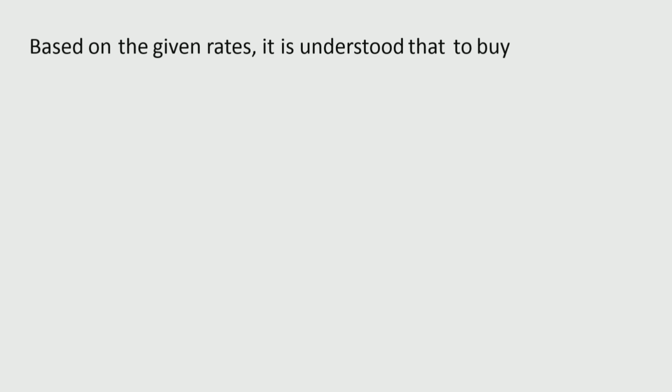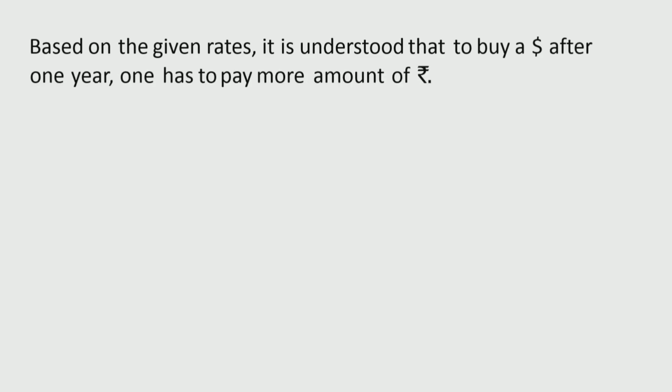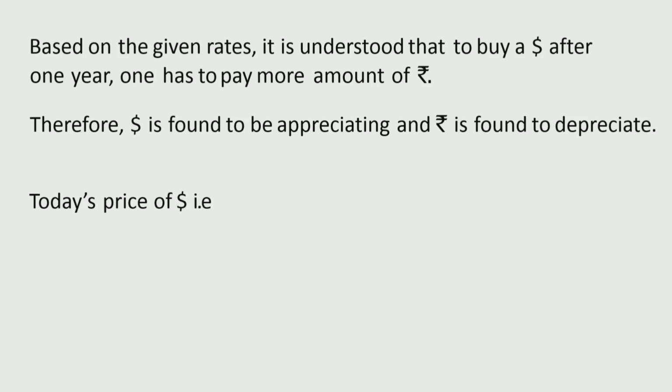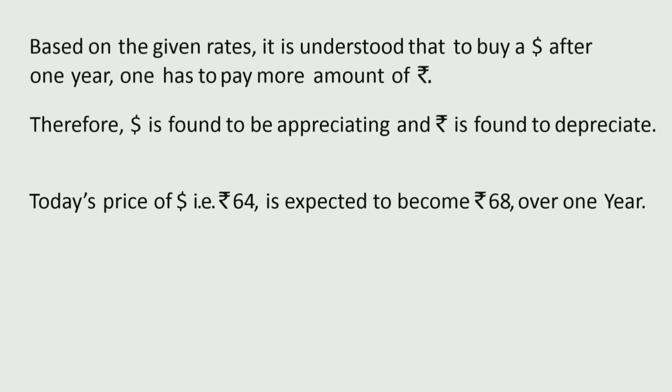Based on the given rates, it is understood that to buy a dollar after 1 year, one has to pay more amount of rupee. Therefore, dollar is found to be appreciating and rupee is found to depreciate. So what we would say is, today's price of dollar, that is rupees 64, is expected to become rupees 68 over 1 year.